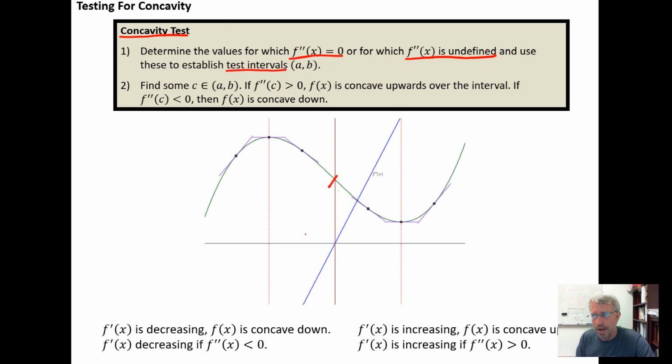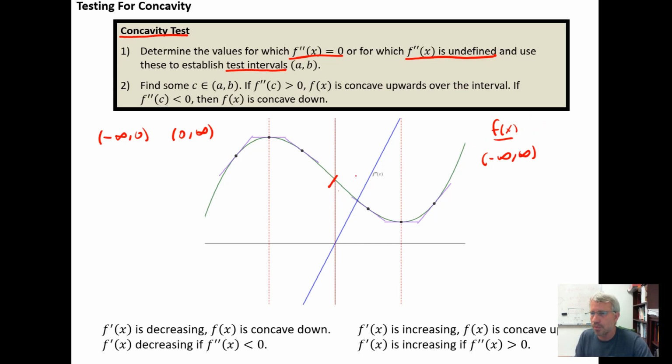So for this graph, for example, my test intervals would be from negative infinity to 0, the place where the inflection point starts, and then from 0 to infinity, from the inflection point off to infinity. And I would be using negative infinity to infinity because f of x is a third degree polynomial, so its domain is negative infinity to infinity.